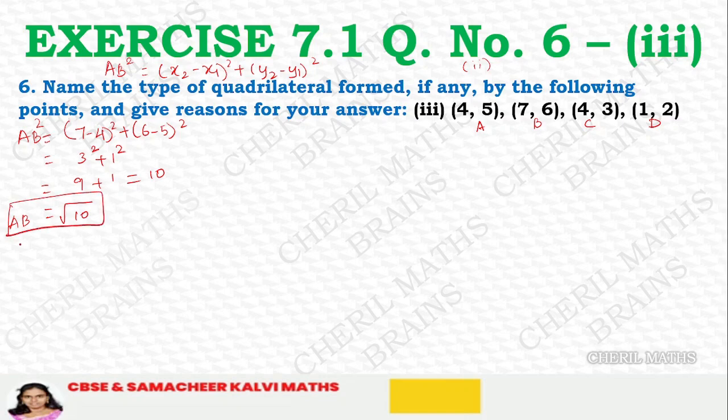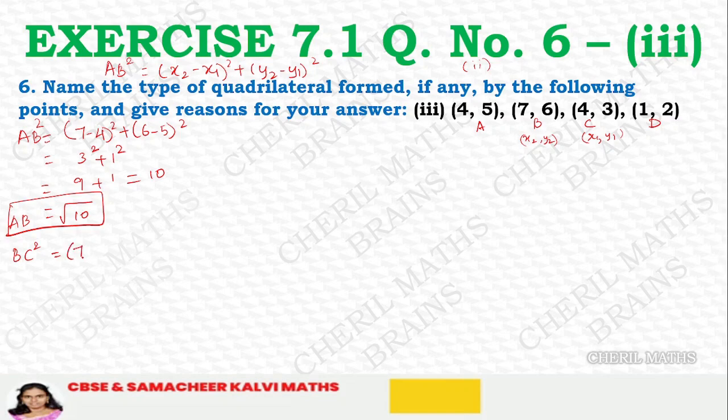Is it clear, children? Next we will find out for BC. So for that we will take BC square. Here while finding BC, this one I am going to take as x2 comma y2, and this one as x1 comma y1. If you have any doubt in choosing all these, please get back to the initial videos where I have explained the concept. Then it will be easy for you, children.